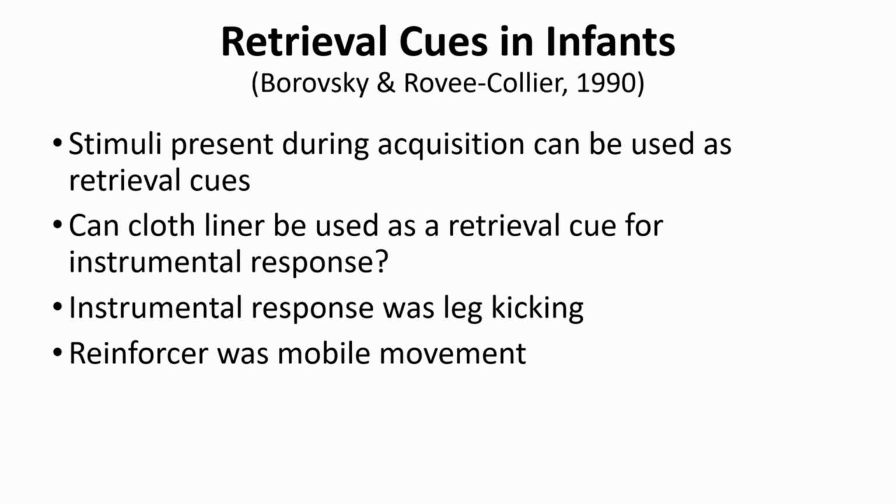So once they were learning that the instrumental response of leg kicking is reinforced by the mobile moving, they looked at what the babies did if they were in the same kind of liner or a different liner later on. The idea being that if this cloth liner was serving as a retrieval cue, then we would see more of our instrumental behavior, more of our leg kicking, when we tested them later on, when they had the same environmental stimuli, when they had the same cloth liner, than if they had a different liner.